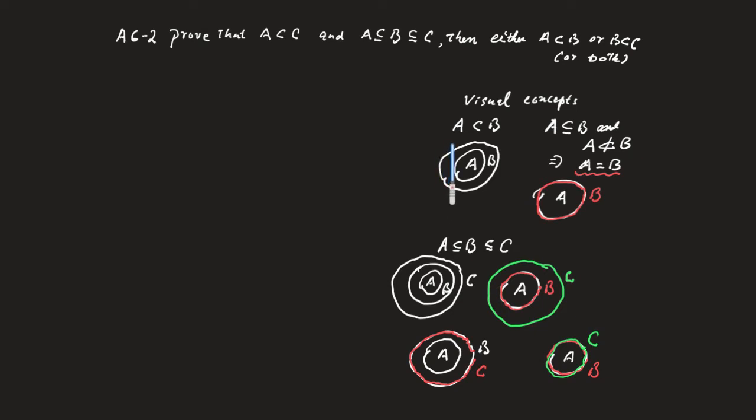Normally, A is a proper subset of B, which means this scenario, if you're a visual thinker.